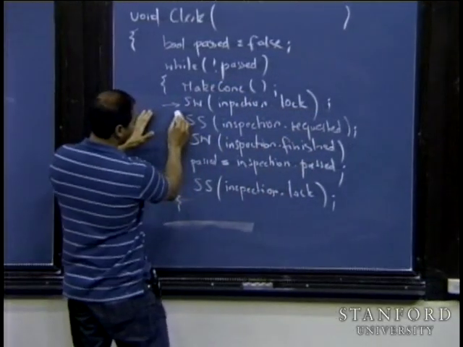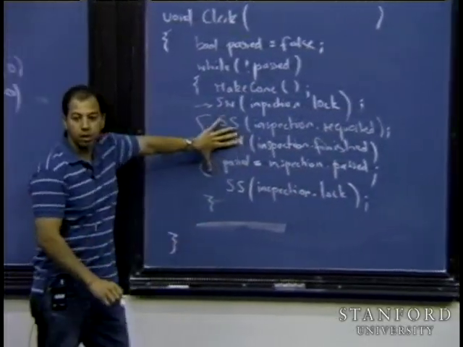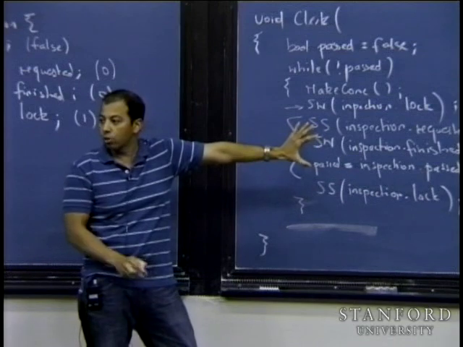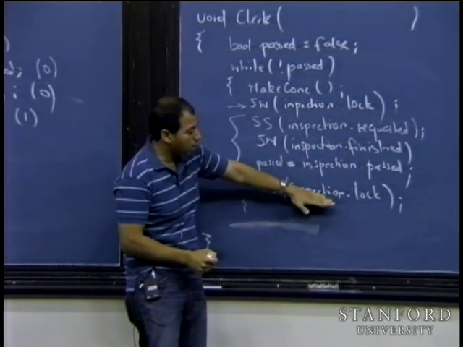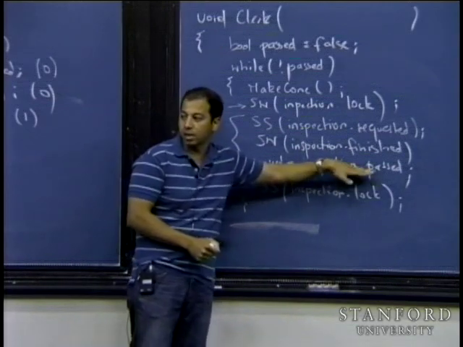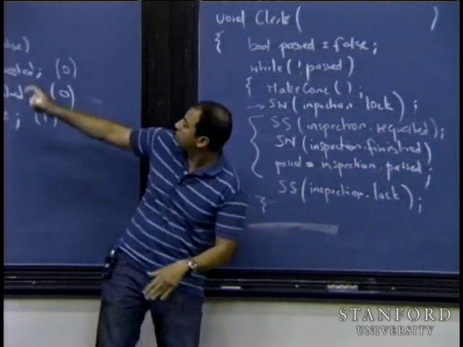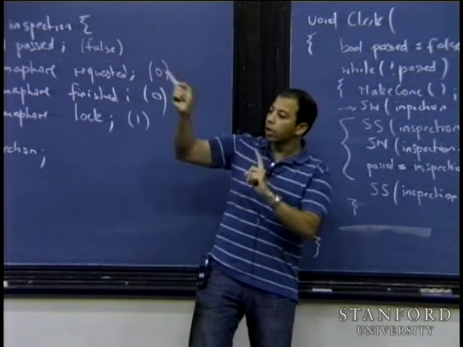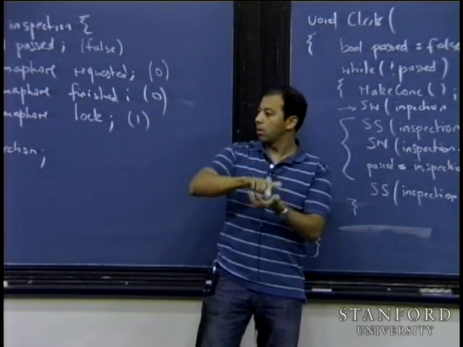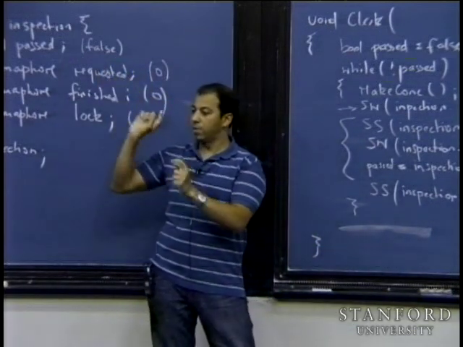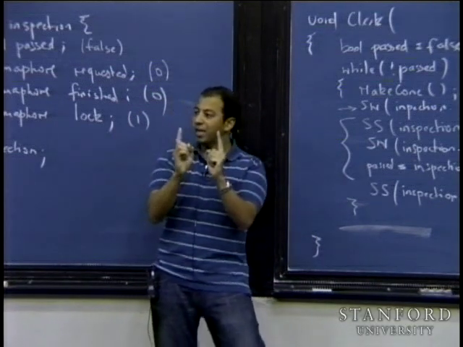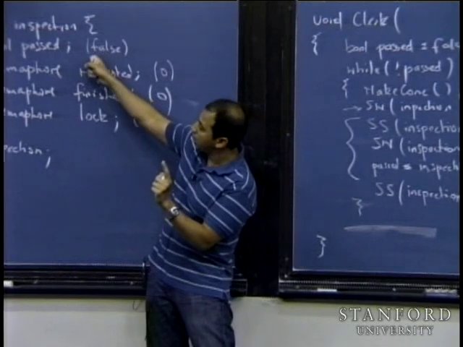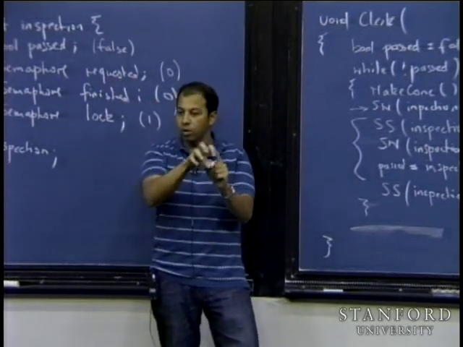This is maintaining this kind of critical section in here, right? This lock is extremely crucial because you don't want to release this lock until you read the value of inspection.passed. Note that this value is shared among all the clerks and the manager, right? It's a single value. And because we allow only a single clerk to be with the manager at a time, we can safely assume that the value in here will be read by this clerk that is with the manager.